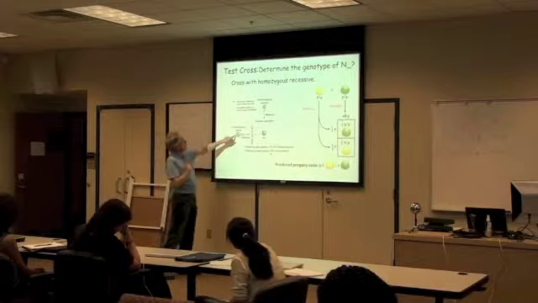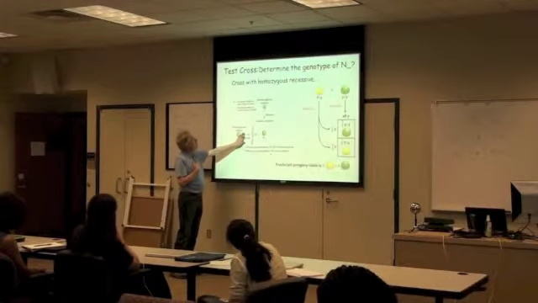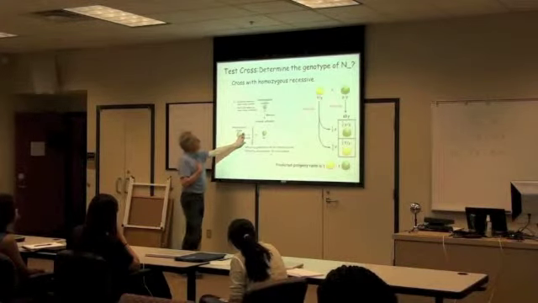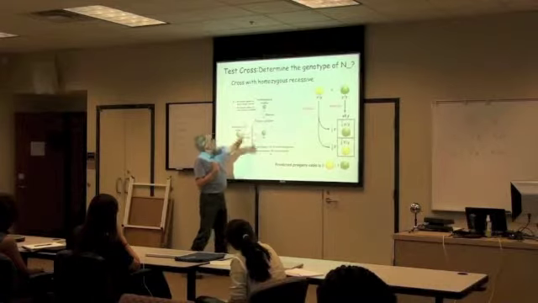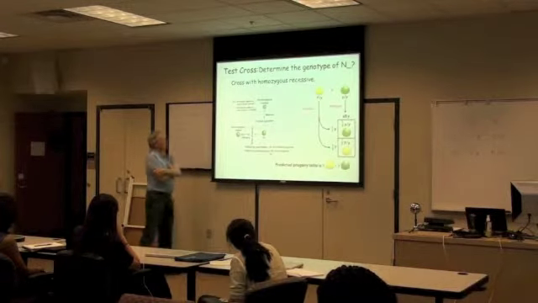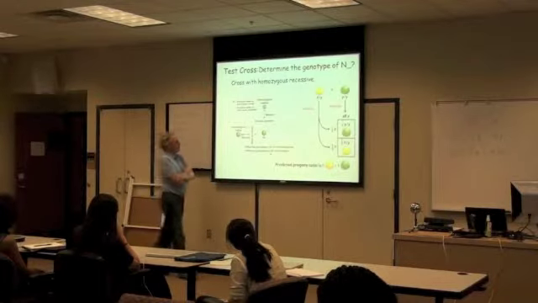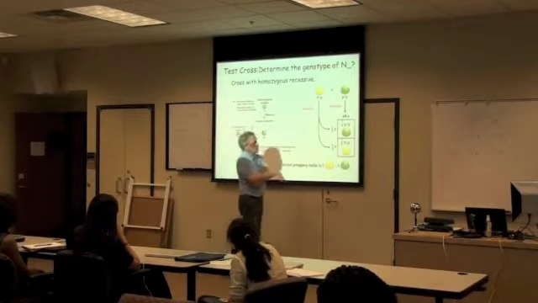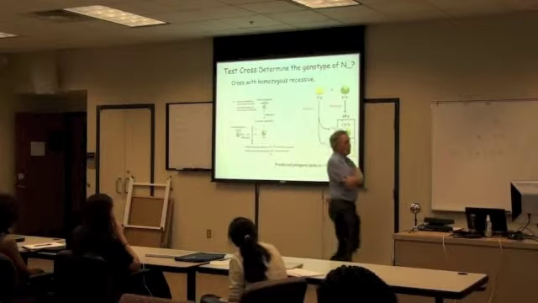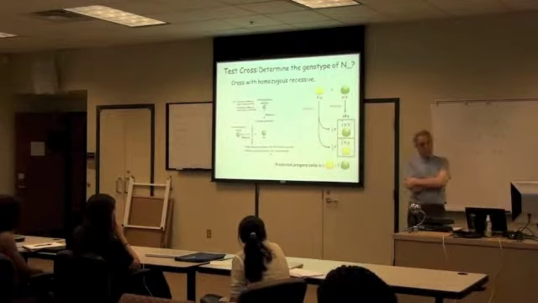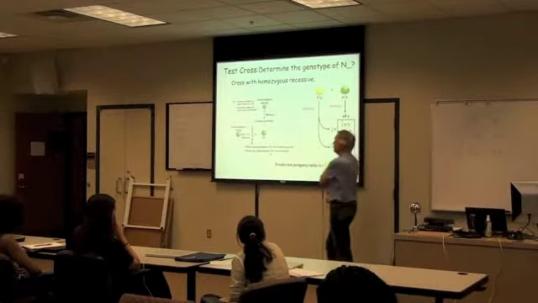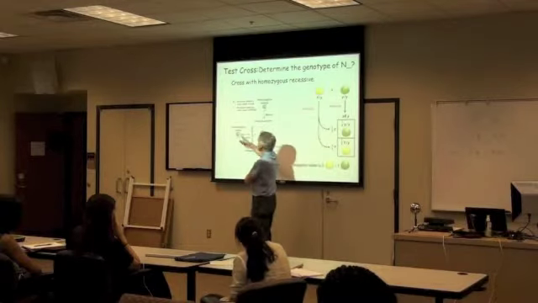So if we test cross an unknown round seed with a wrinkled seed, which must be homozygous recessive, then all the peas will be round. That proves that this pea was homozygous.